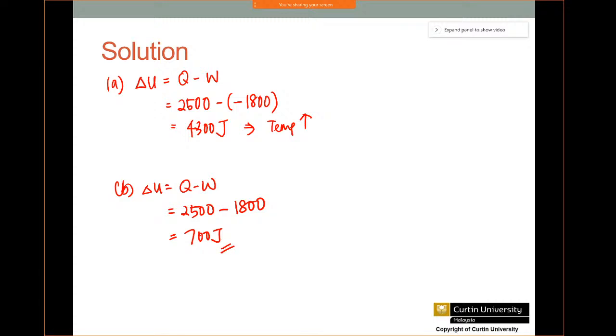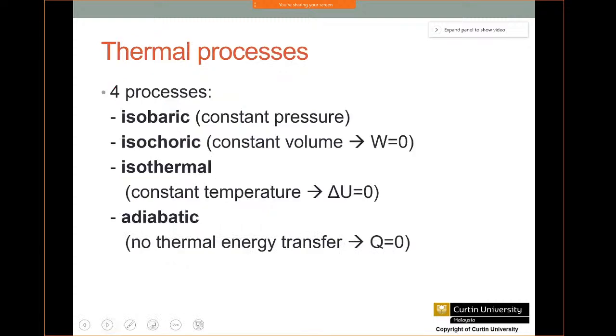So does this mean your temperature increases or decreases? It increases, right? The value is lesser, but if you look at the total process, it is still positive in value, so the temperature still increases.